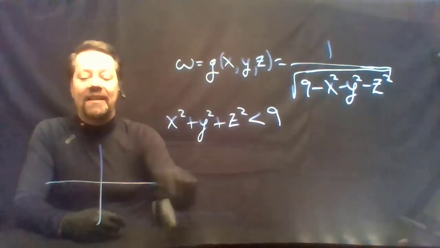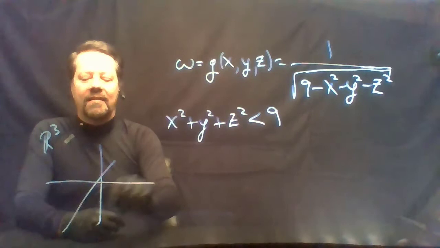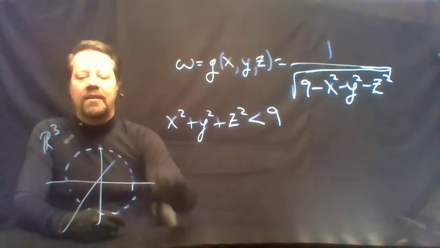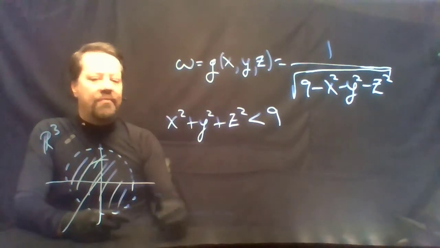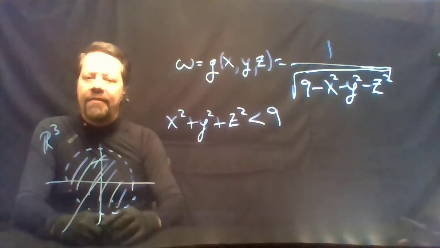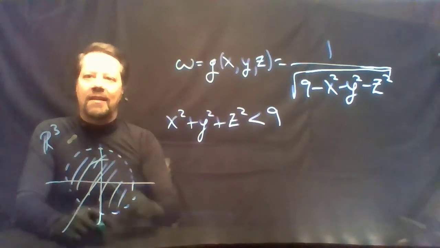The domain is in R3. And we have to think of it like this. It's all the points within a ball of radius 3, but it's kind of like a peeled grape. Everything but the skin. All the interior, but not the boundary surface.